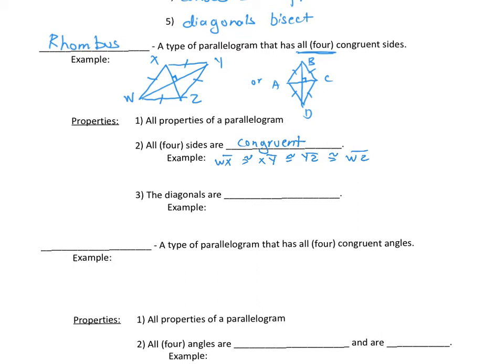The diagonals are also perpendicular because they make a 90 degree angle. They are always perpendicular. So that means XZ is perpendicular to WY in our first picture.